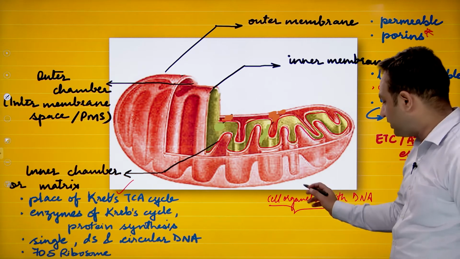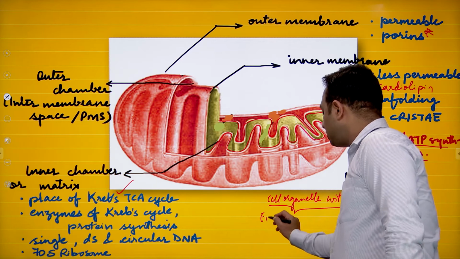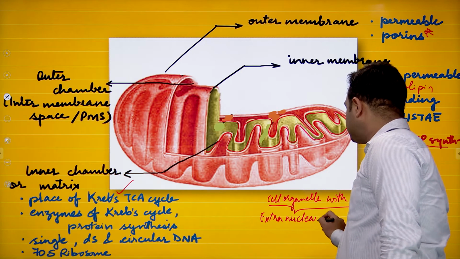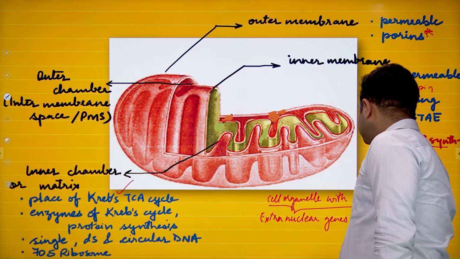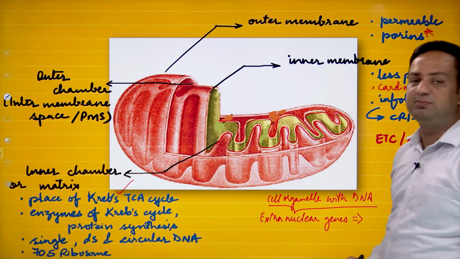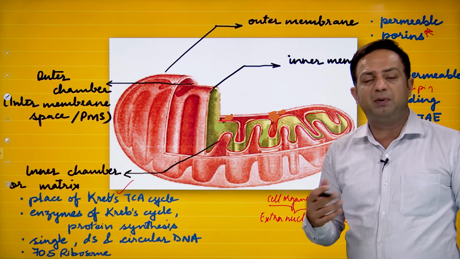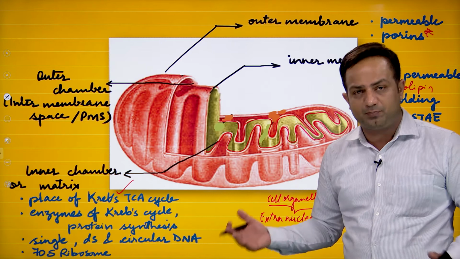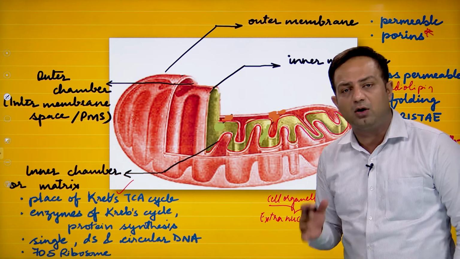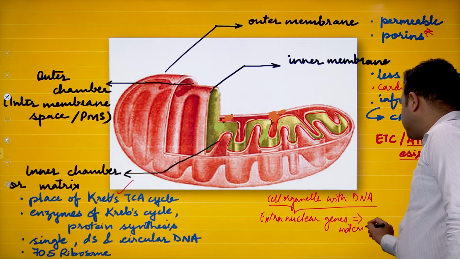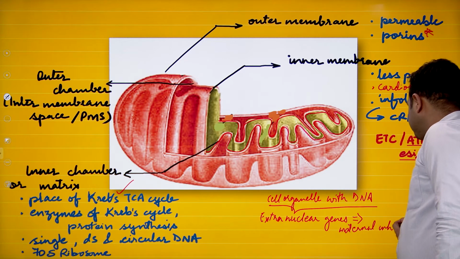These are called extra nuclear genes. And remember, these extra nuclear genes are responsible for maternal inheritance. It means the mother is going to pass on these genes to either of the progeny, whether male or female. Extra nuclear genes are associated with maternal inheritance.